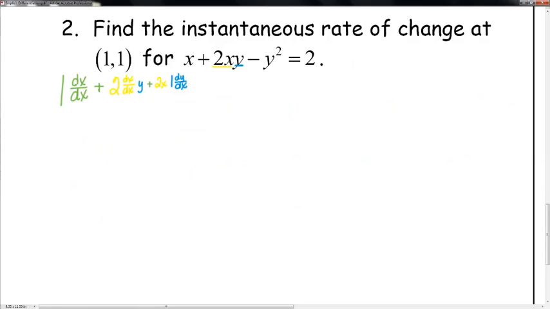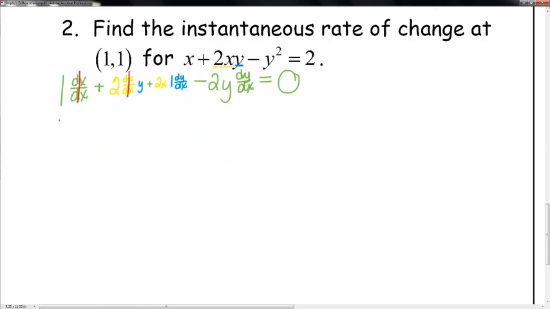And then I'm going to take the derivative of negative y squared. So this will be minus the derivative of y squared, which is 2y, multiplied by dy/dx. And I'm going to set that equal to the derivative of 2, which is 0. So I'm going to go ahead and cancel my dx's and write my dy's in red.